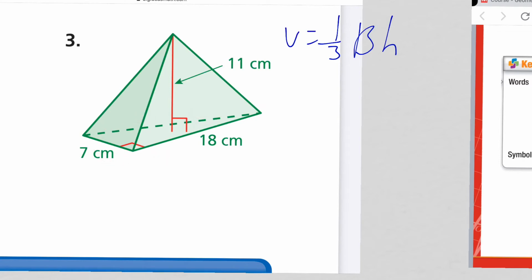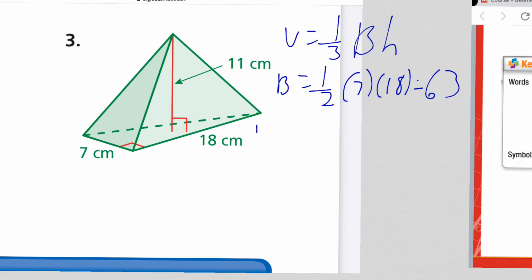So when we find the area of a right triangle, it's 1/2 times the base, which, because we see the right angle of the triangle right down here, your 7 would be your base, your 18 would be your height. So it's going to be 1/2 times 7 times 18, which is going to give us 63.